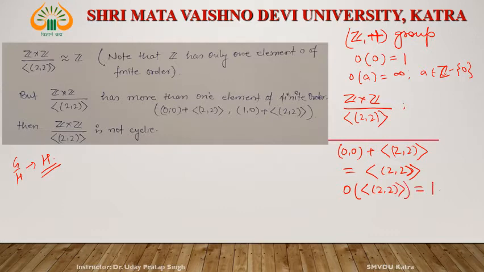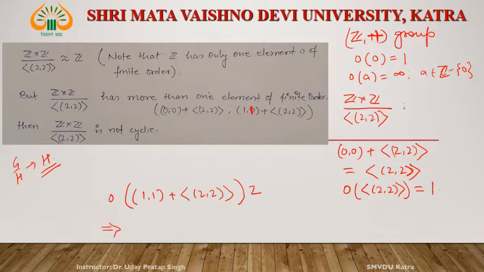Okay, now consider another element (1, 1) plus (2, 2). What is the order of this element? The order of this element is 2.